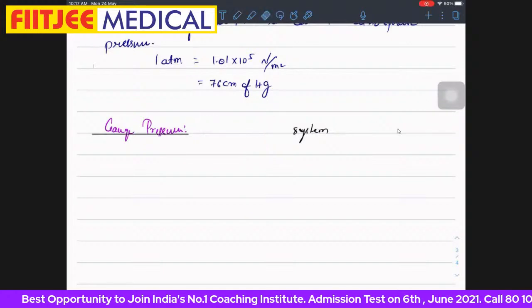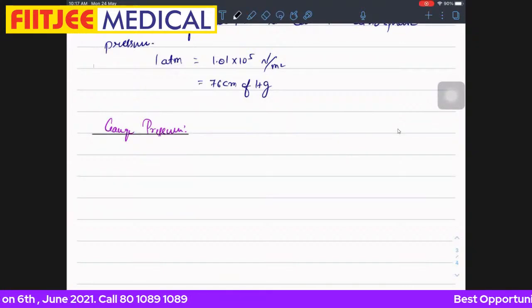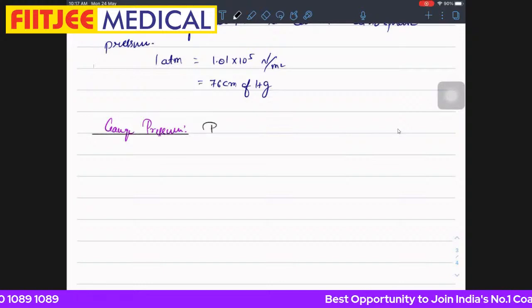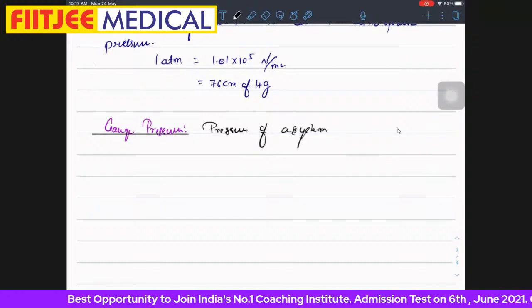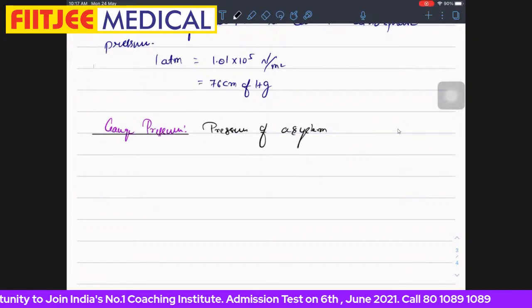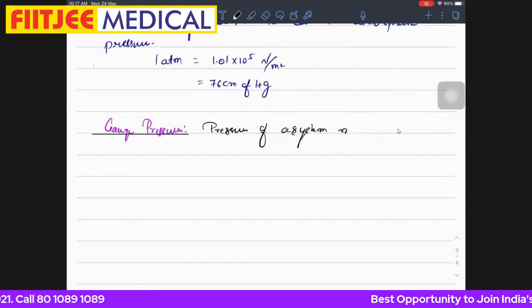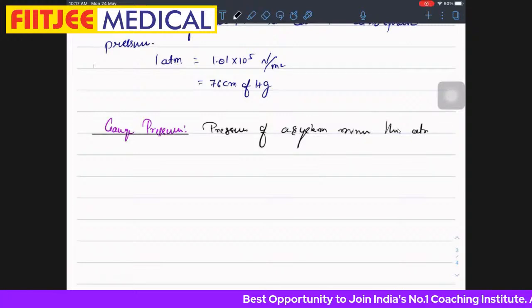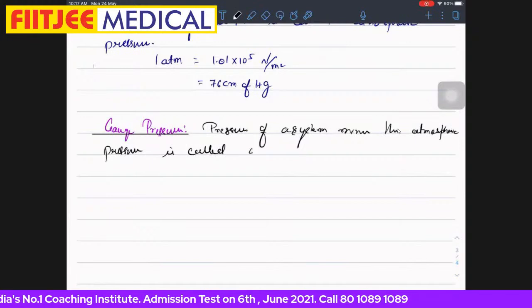We can write it another way: pressure of a system minus the atmospheric pressure is called gauge pressure.